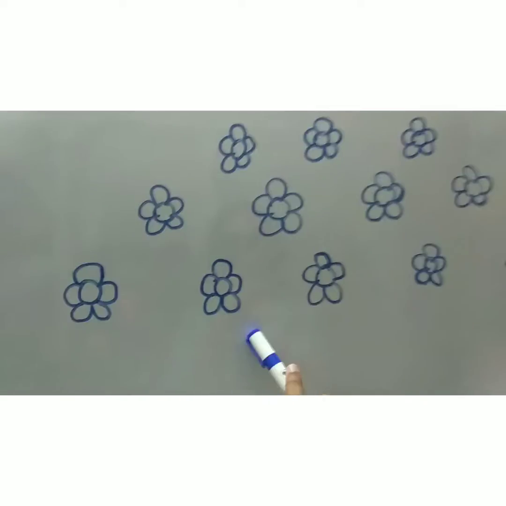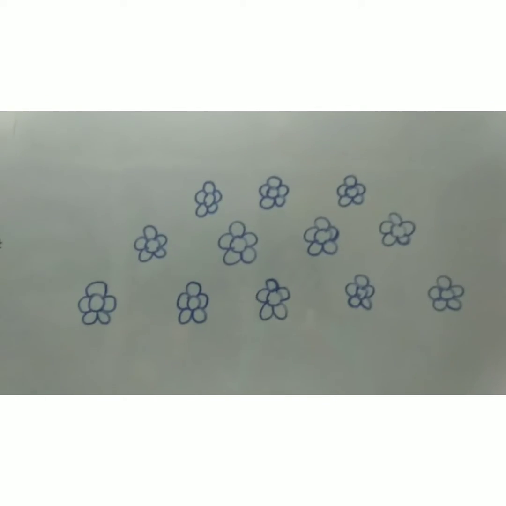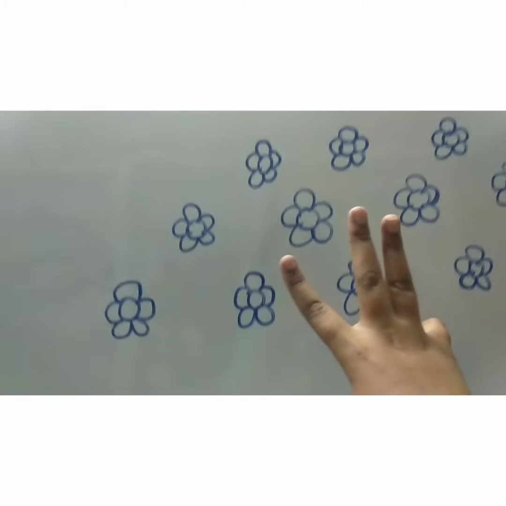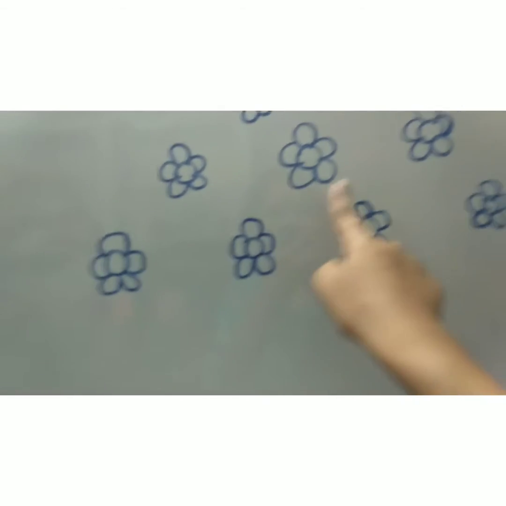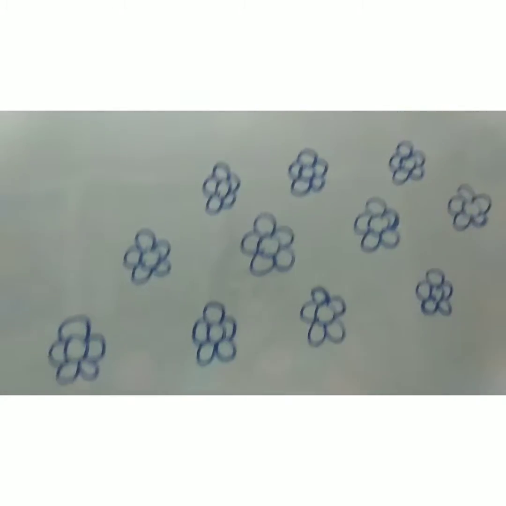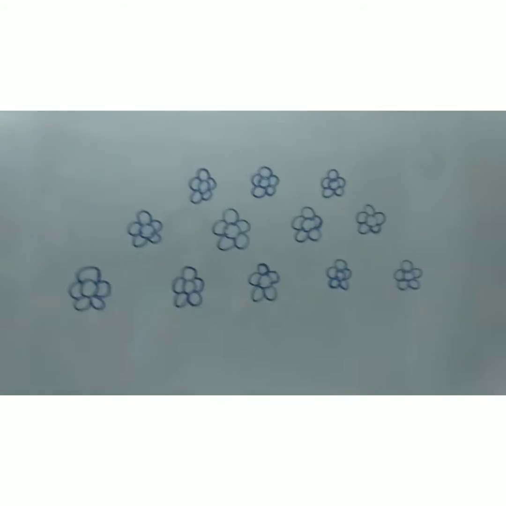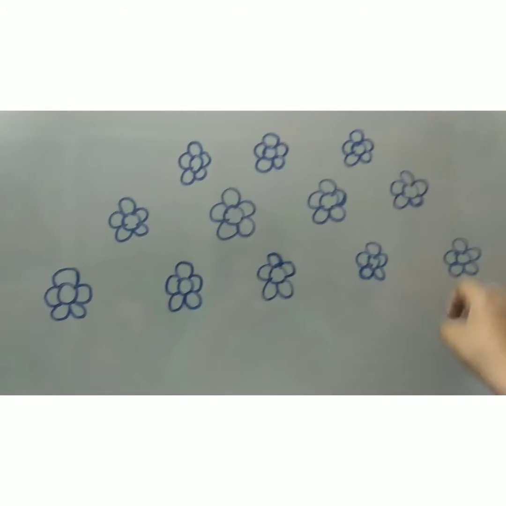So students, let us solve this example. Let us count the number of flowers with small groups. 3 plus 4 is equal to 7. 7 plus 5.